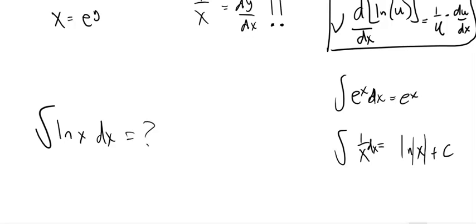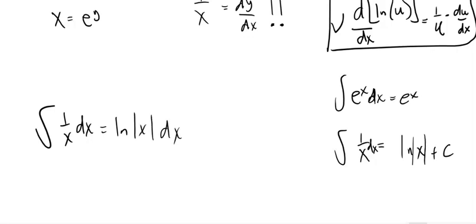I don't know what that is yet. But I do know what the antiderivative of 1 over x is, because I know what the derivative is, that is indeed the derivative of the natural log. Okay, so that's just the antiderivative, right? It's a good word. The antiderivative of 1 over x is natural log of x, because the derivative of the natural log of x is 1 over x.